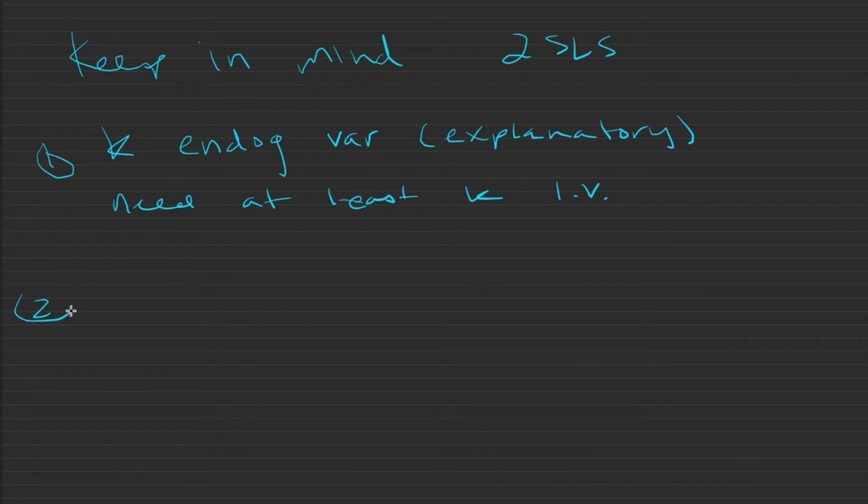And number two, with two-stage least squares, it is possible for the r squared to be negative. It can be hard to interpret the r squared with two-stage least squares, and there's no guarantee that if we're looking at restricted equations, the sum of squared residuals from a restricted equation is greater than or equal to the sum of squared residuals from an unrestricted equation.